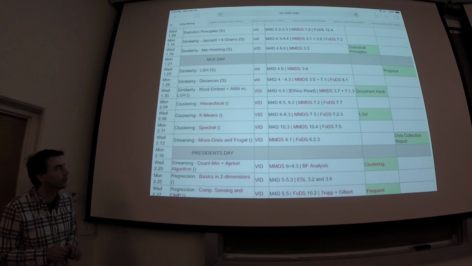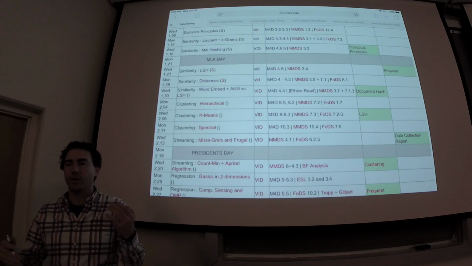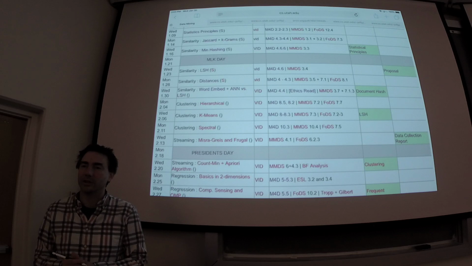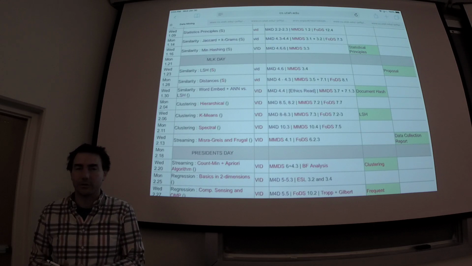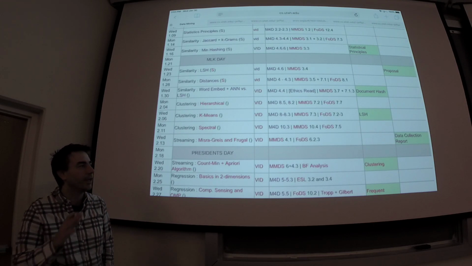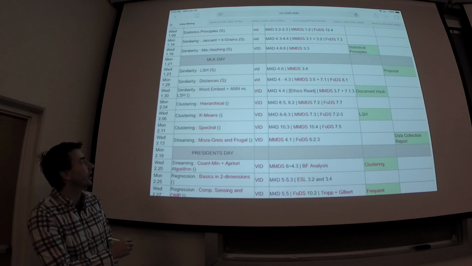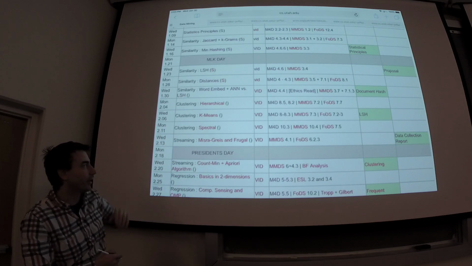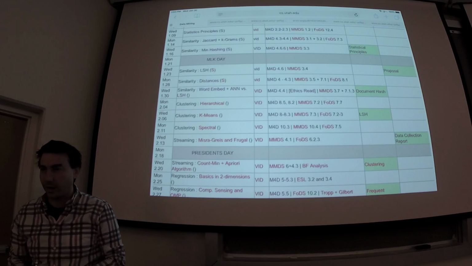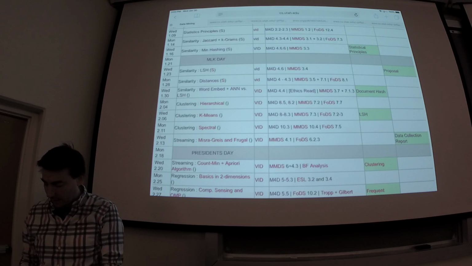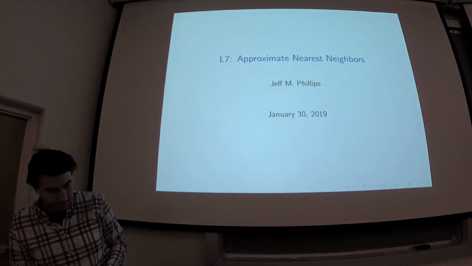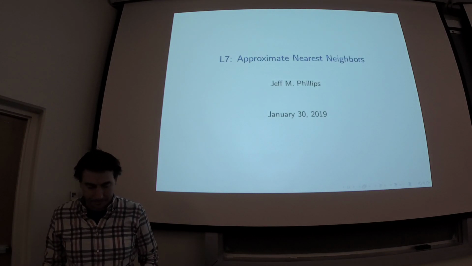Also, I want to stop and discuss some of the ethical implications and fairness implications of the modeling choices you make in choosing these transformations and distances. Then starting next week, we'll start the next section on clustering, and we'll spend the next week and a half on that.